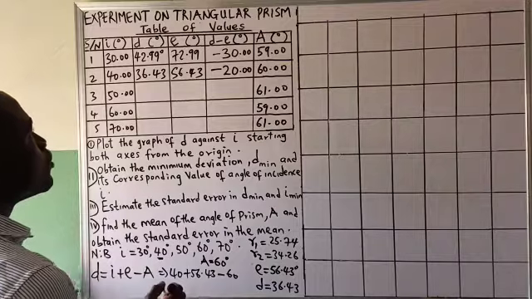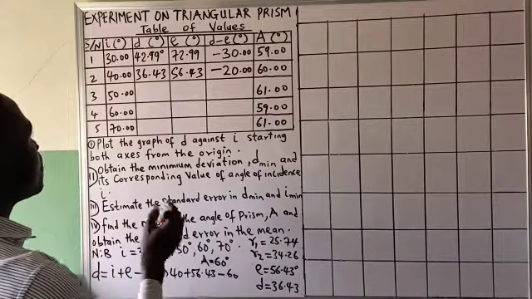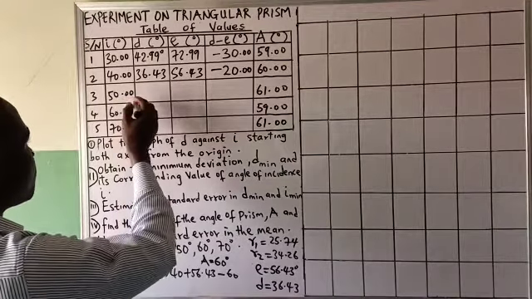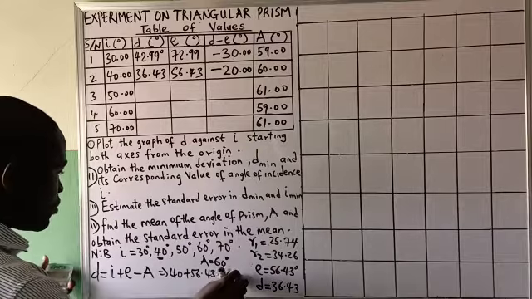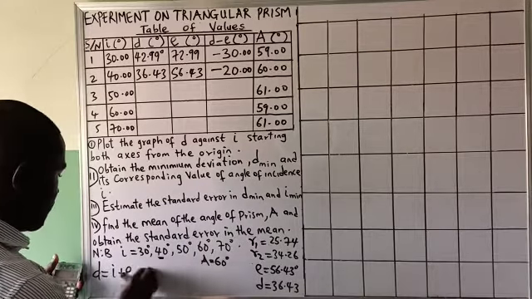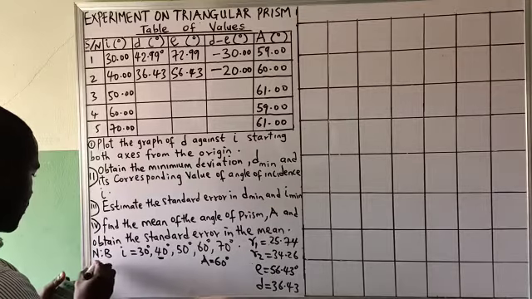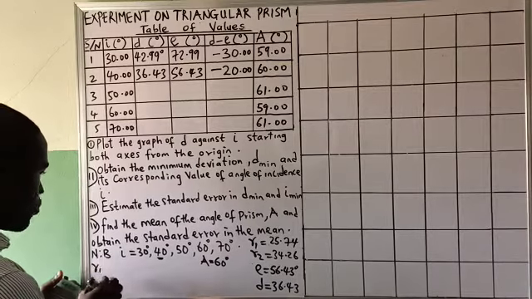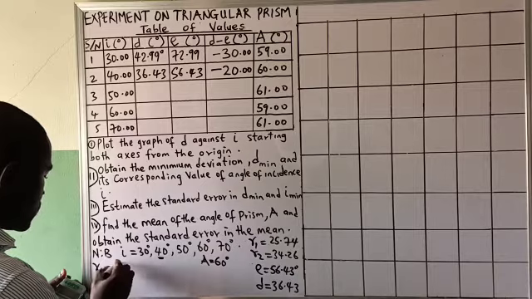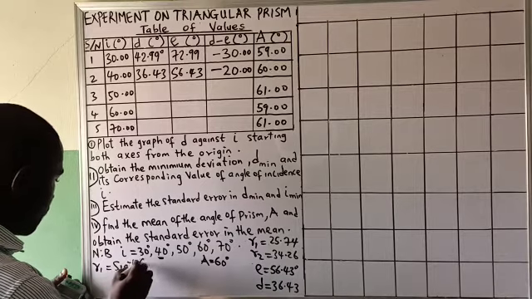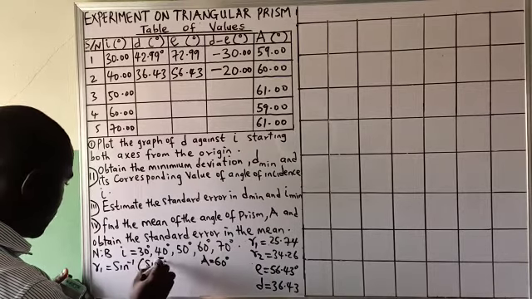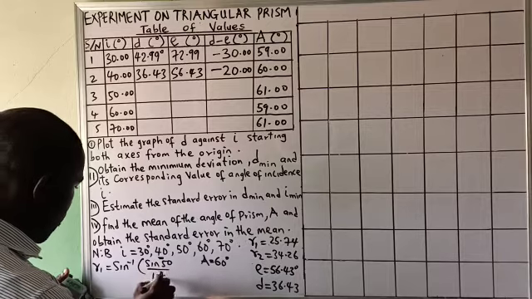Okay, then we'll go again and we now say when I is 50, R1 will be equal to sine inverse of sine 50 over 1.48.